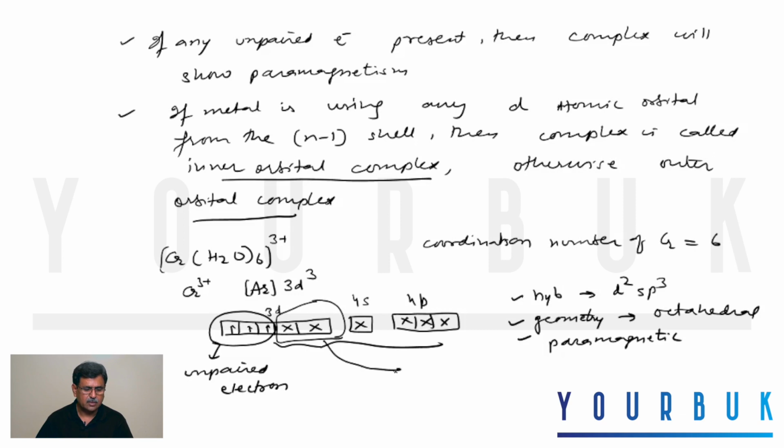That's why the complex is an inner orbital complex. These are the steps you have to follow whenever a complex is given and you have to explain the geometry, hybridization and magnetic properties using valence bond theory.